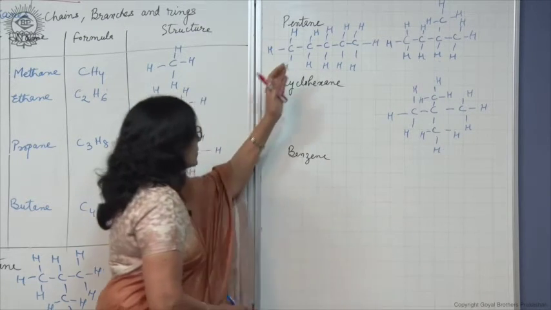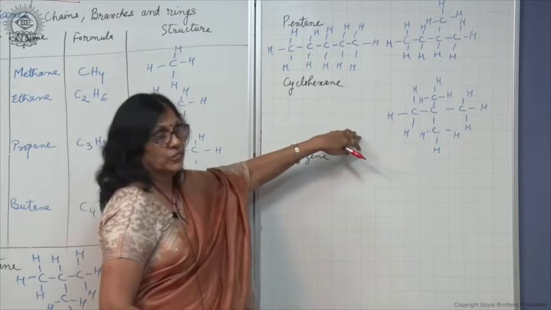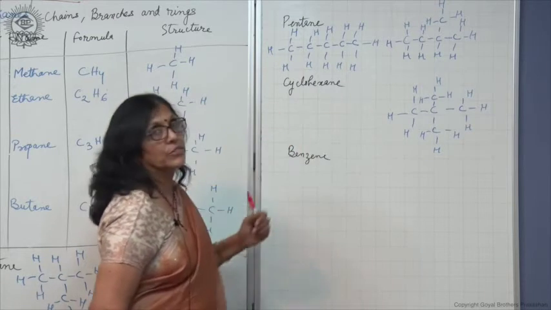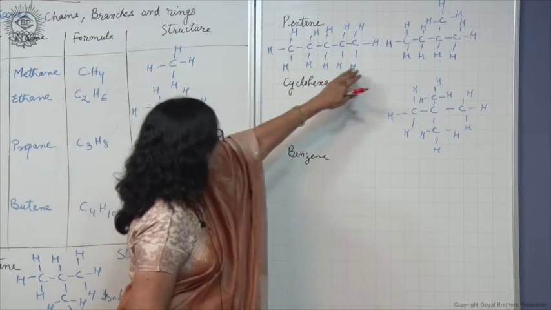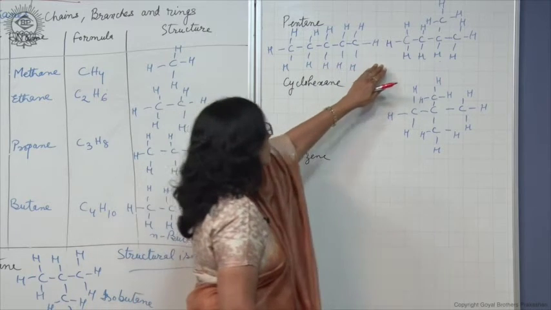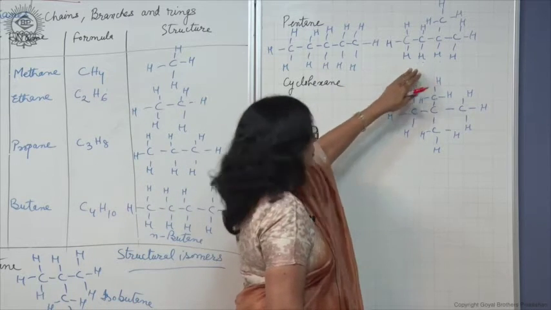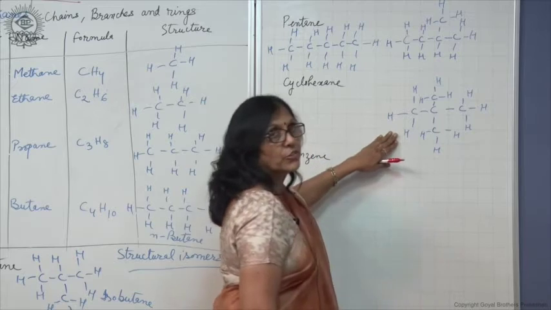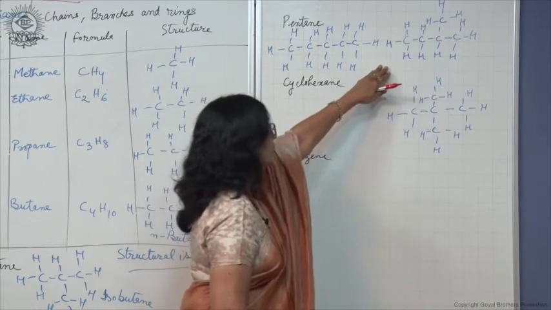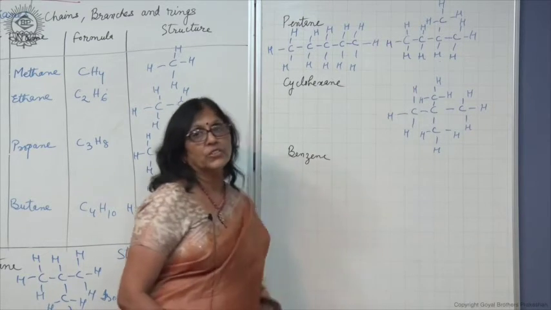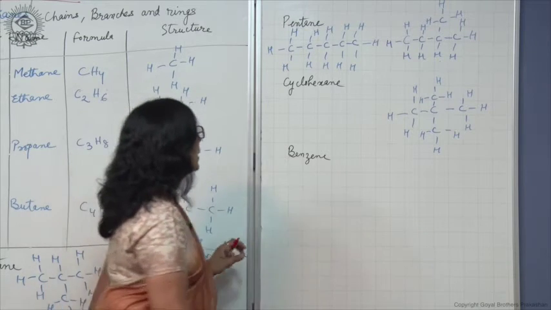So, you can see in all these 3 structures, what is the difference? This one is having a straight chain of carbon atoms, this one is having a branched chain of carbon atoms, this is also branched, much branched than this. So, these are 3 structural isomers of pentane.